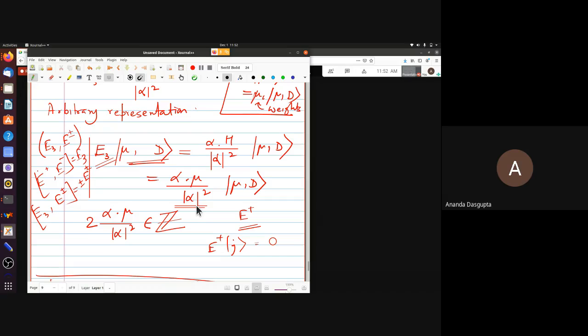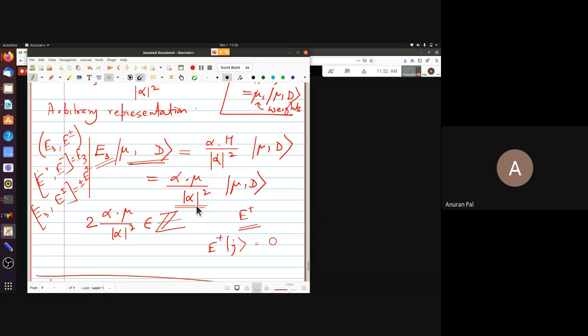So you should be able to reach that by hitting the highest weight state with E minus a sufficient number of times, or E plus a sufficient number of times, or hitting the lowest weight state with E plus a sufficient number of times. What that means is that any possible eigenvalue of E3 has to be either integer or half integer, no other possibilities. So once you multiply by 2, it has to be an integer.